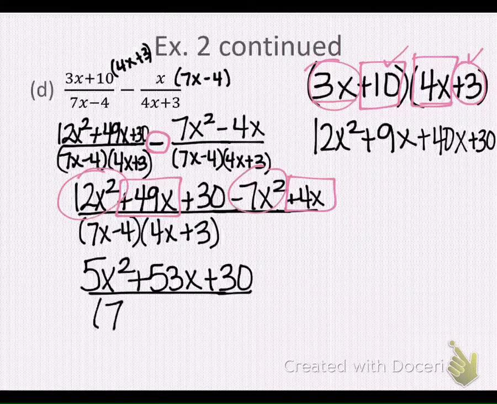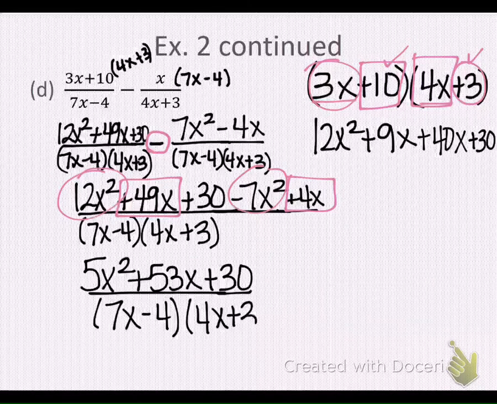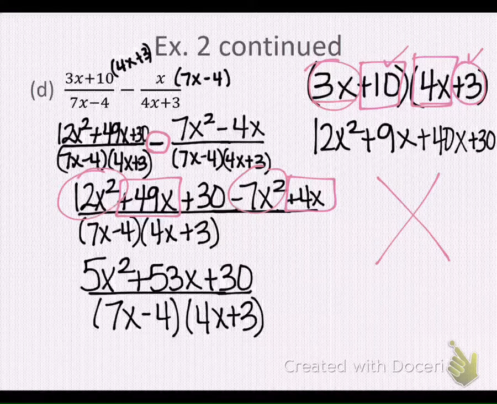Now, can either of these factor further? Yes, okay. So I have to use my AC method. So 5 times 30 is 150. At the top is 53, and at the bottom is 150.